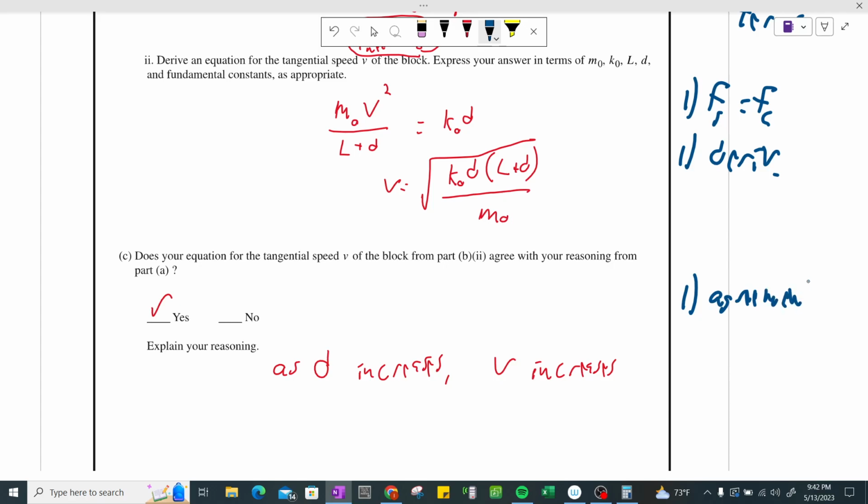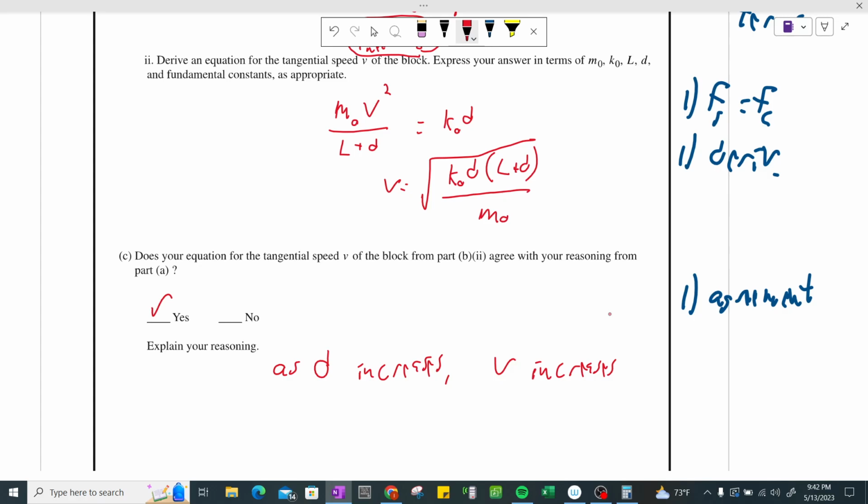And then this last one probably has 1 for agreement. Actually, this one's probably going to be all or nothing, now that I'm thinking about it, because I've seen these historically where you cannot earn points unless they both are correct.